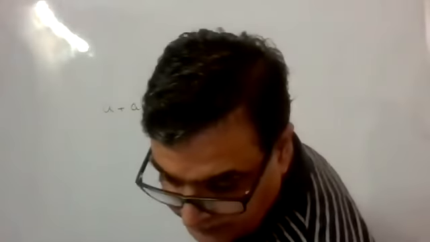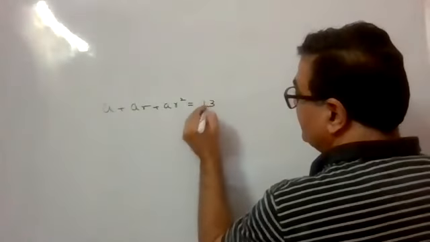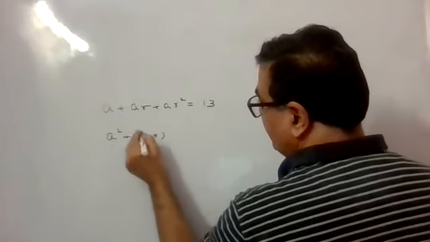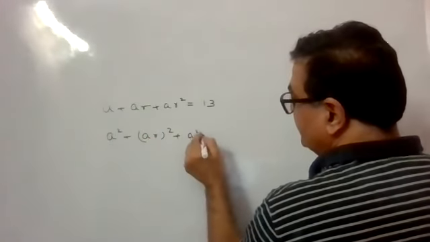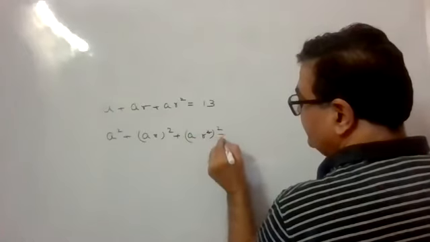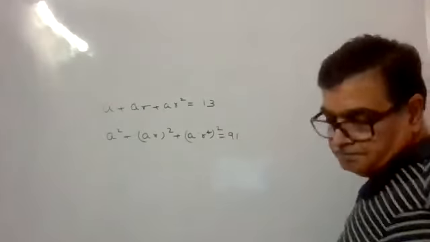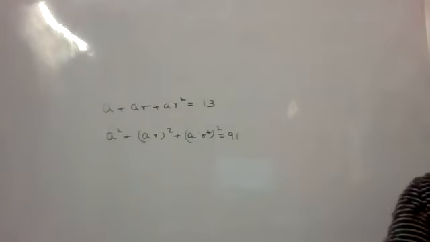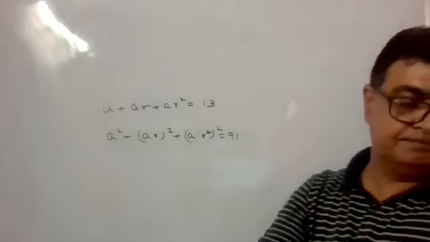Sum of three numbers in GP is 13, and sum of their squares, meaning a square, AR whole square, AR square whole square, that is given 91. My question is, find out what are the numbers here.